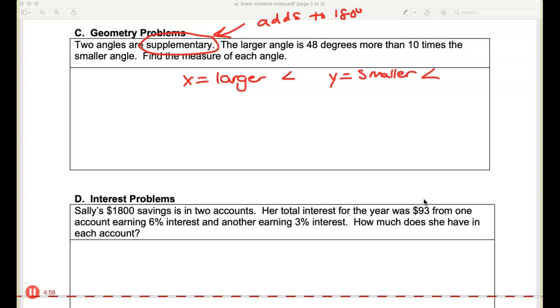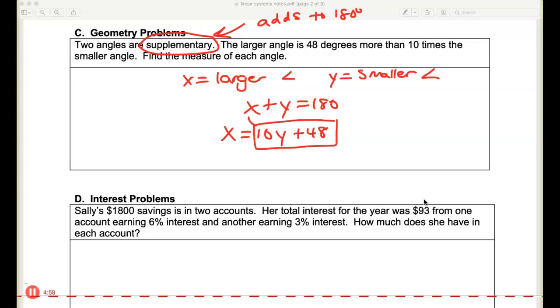So we know that together they should add up to 180 degrees because of the word supplementary. My larger angle is 40 degrees more than 10 times the smaller, right? So there's our two equations, and then we can solve using substitution.